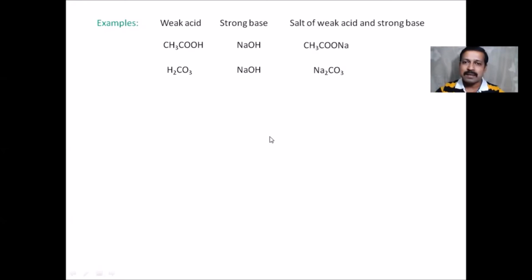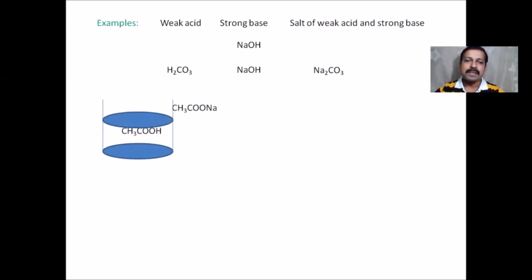Now, how to prepare a buffer? Take a beaker, take a certain amount of water, add acetic acid, add sodium acetate, correct? This mixture will be a buffer solution, and especially this mixture will be called an acidic buffer, right?